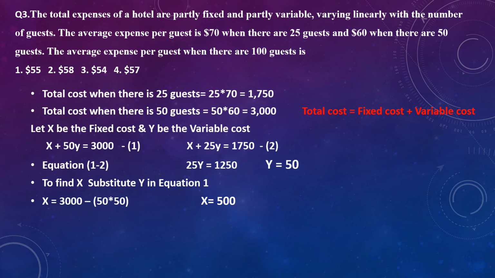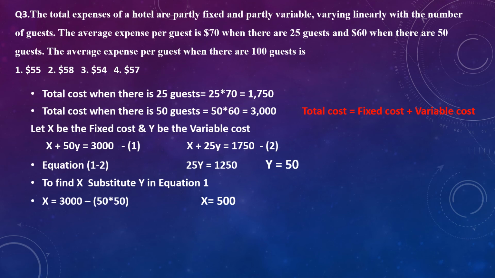So x is equal to 3000 minus 2500, that is x is equal to 500. So here we found both the fixed cost and variable cost: variable cost is 50 and fixed cost is 500.